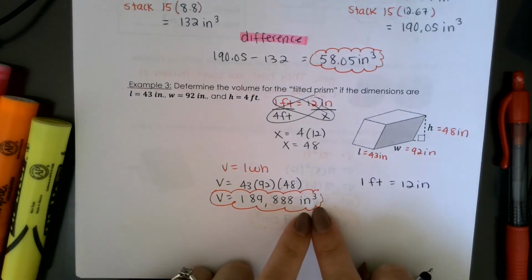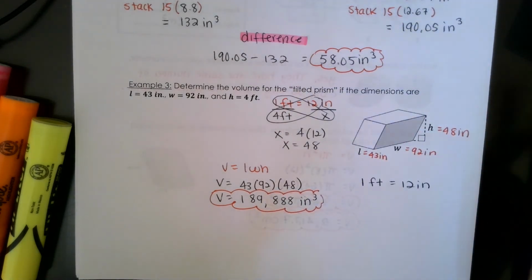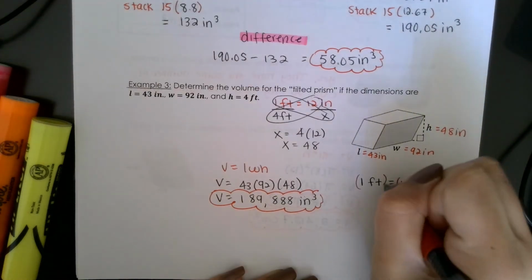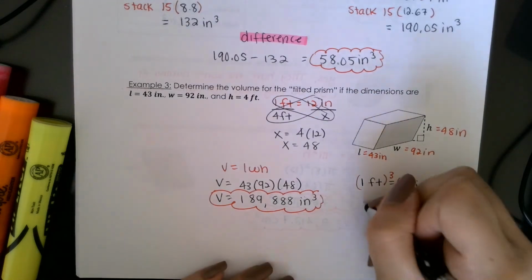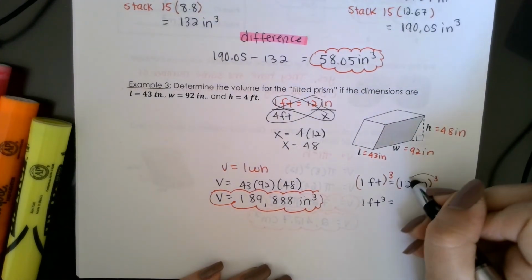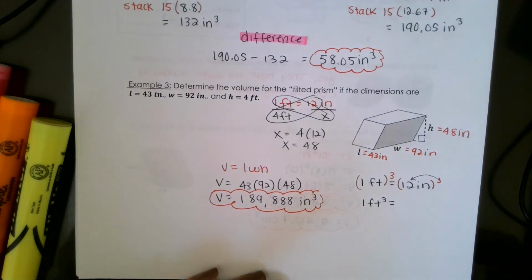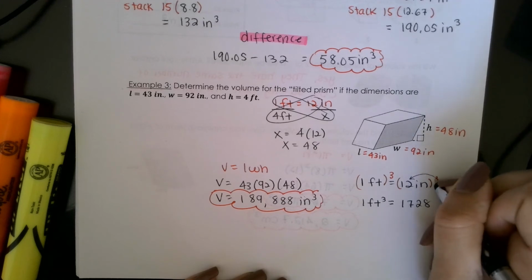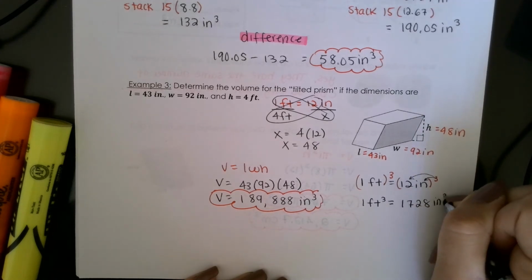So if I want it cubed, I will cube both sides because we're dealing with volume. So really I'll have 1 foot cubed equals 12 cubed, which will give you 1,728, and you have to do the inches cubed.